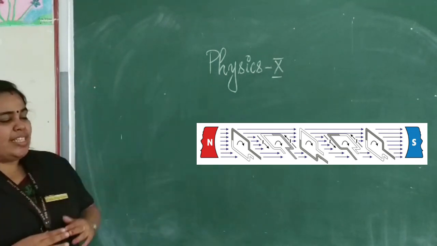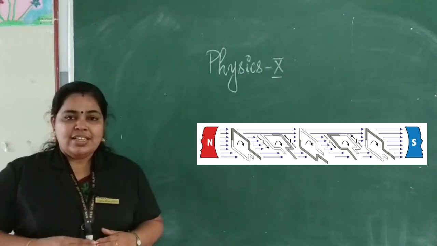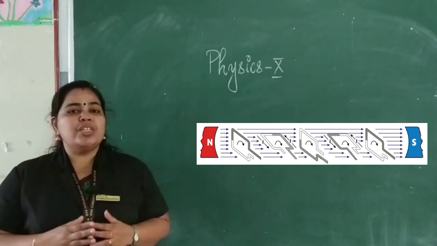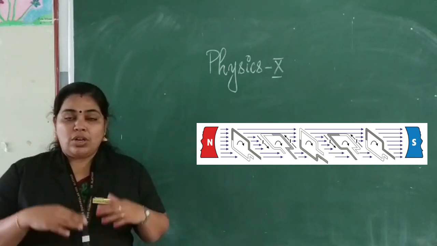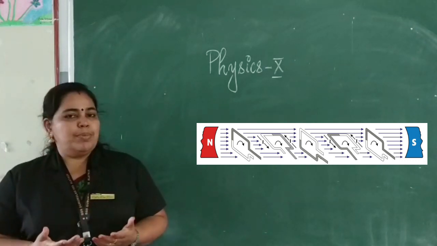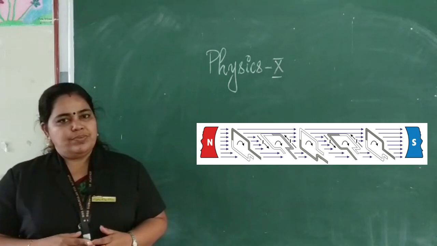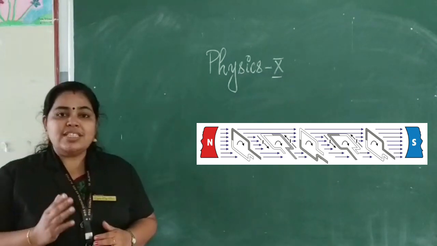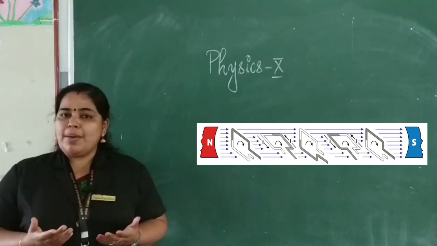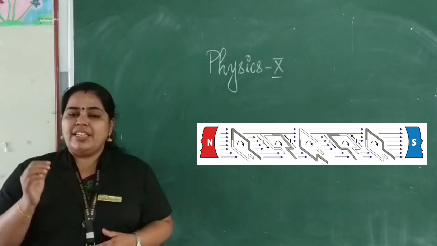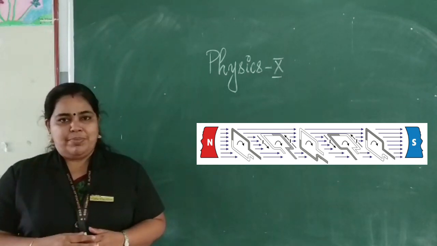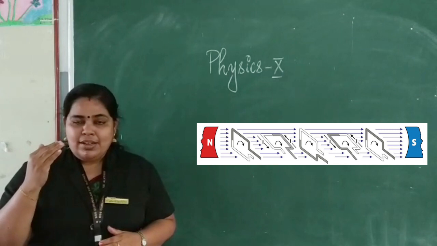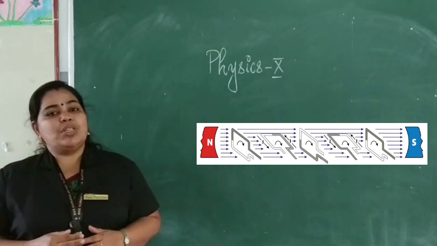Now, look at the third stage. Here, the armature is perpendicular to the magnetic field lines.